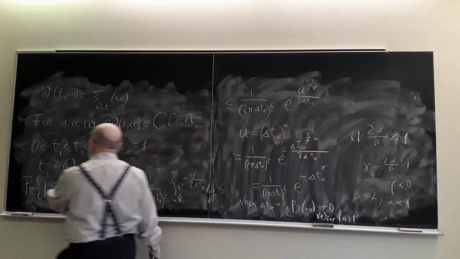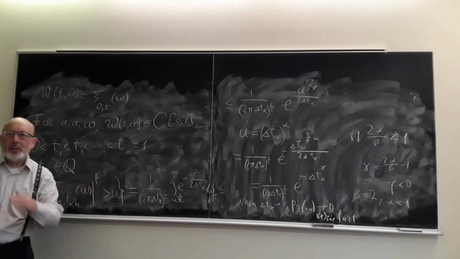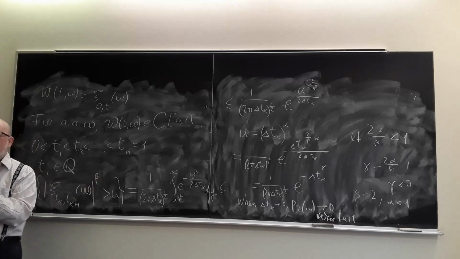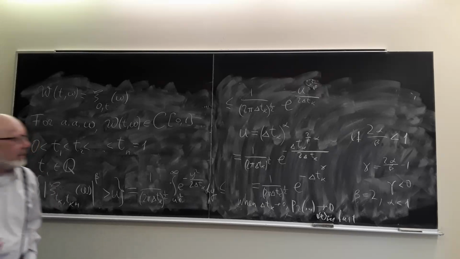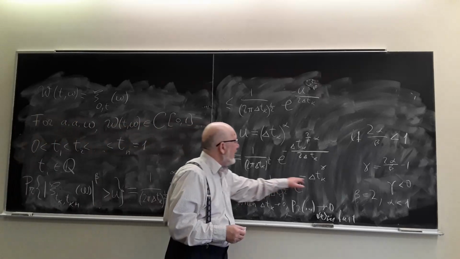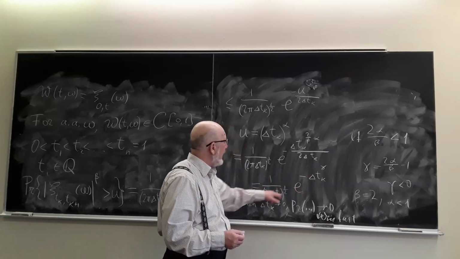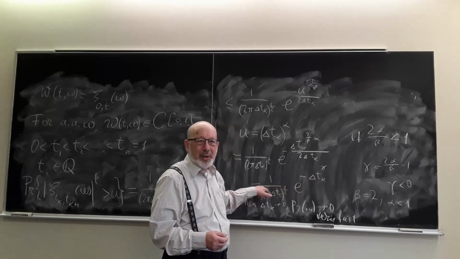So this means that this probability is very small. So the probability that the value of the function jumps very high is small and goes to 0 like this, because this factor is negligible here.